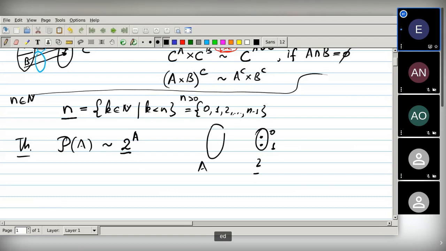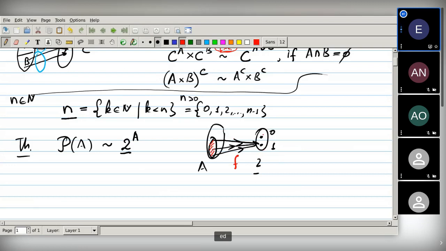So this is the set of all functions which are defined on A and take either 1 or 0 as their values. You can consider the set of all points where our function takes value 1.